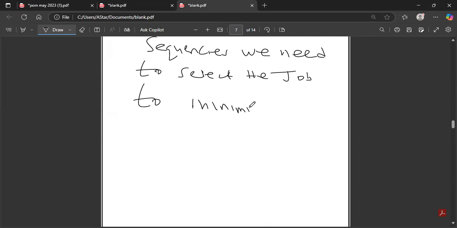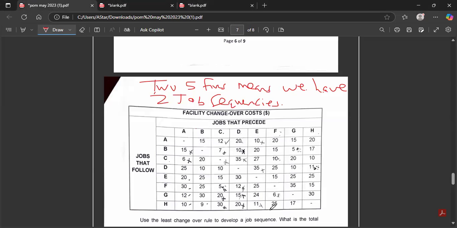To minimize costs. Okay, so that's what goes on here. Are we together? Yes, we are following.